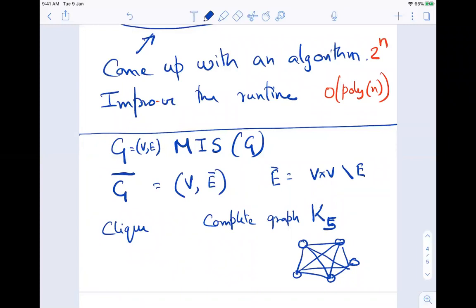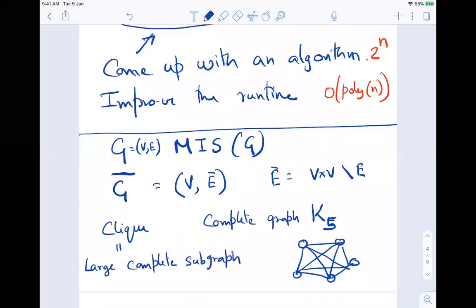So a clique is the largest complete subgraph of a graph.